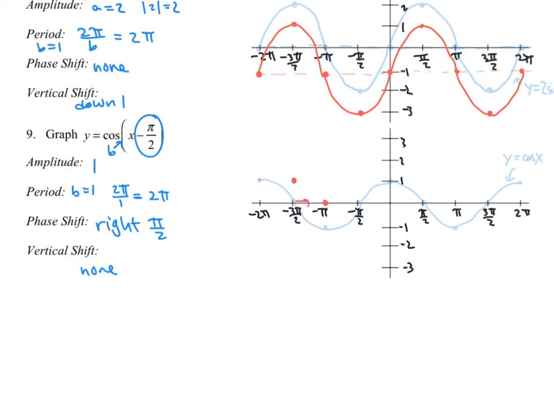And so each point is going over to the right pi over 2. And then I connect those points. And I can fill in using the pattern, the point over here on the left-hand side. And that would be the graph of y equals cosine of x minus pi over 2.